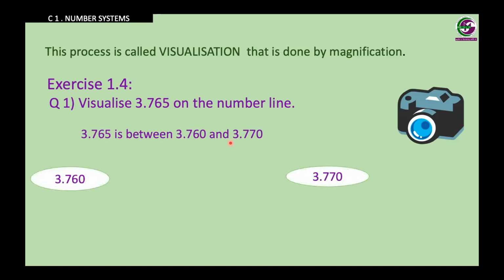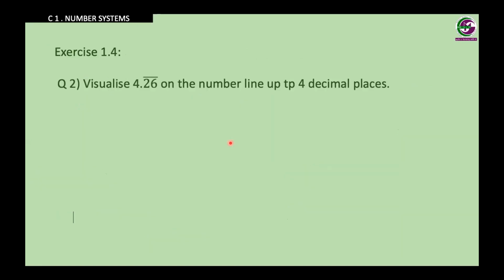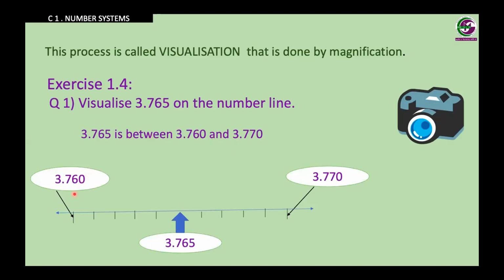So what are the numbers in between 3.760 and 3.770? The points are 3.760. After that, you have 3.761, 3.762, 3.763, 3.764, and 3.765 is at this particular point.